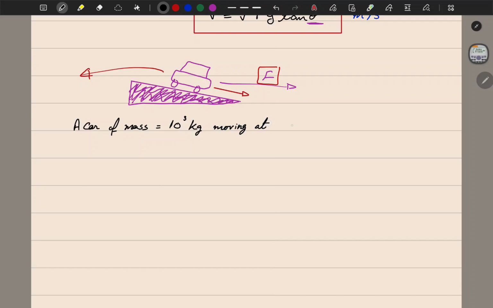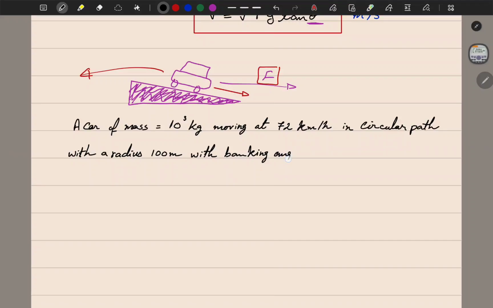Moving at 72 kilometers per hour in a circular road, in a circular path, with a radius of 100 meters, with a banking angle of tan inverse 0.15, and let's take g as 10 meters per second squared.